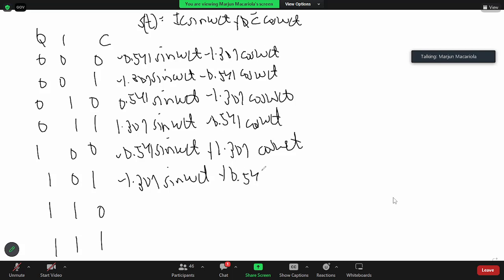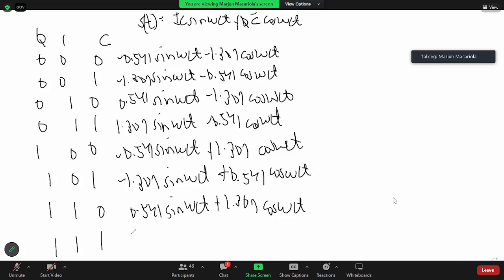101 ay negative 1.307 sine omega c t plus 0.541 cosine omega c t. Then 0.541 sine omega c t plus 1.307 cosine omega c t.